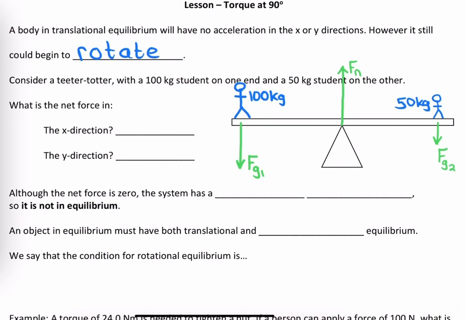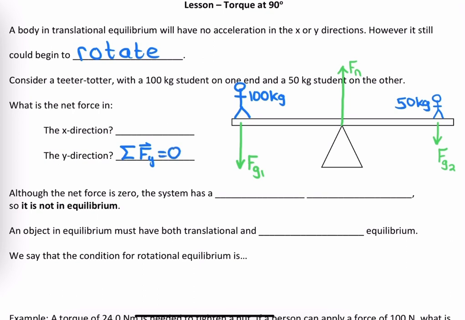It might twist a bit, but this fulcrum is going to kind of stay on the ground. Teeter-totters don't fly. So that means in the y direction, it's at rest, and it's going to stay at rest. So I would say the net force in the y direction is equal to 0.